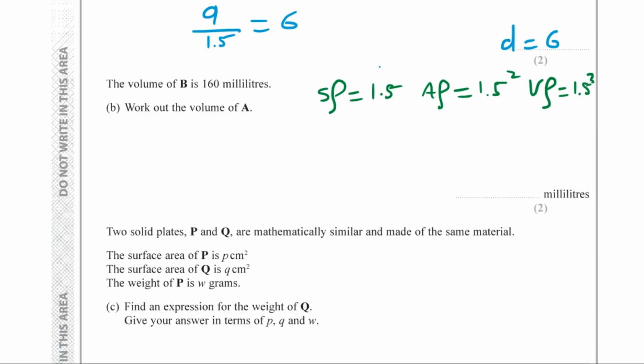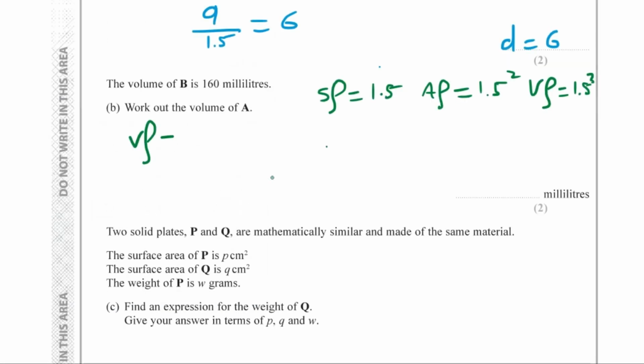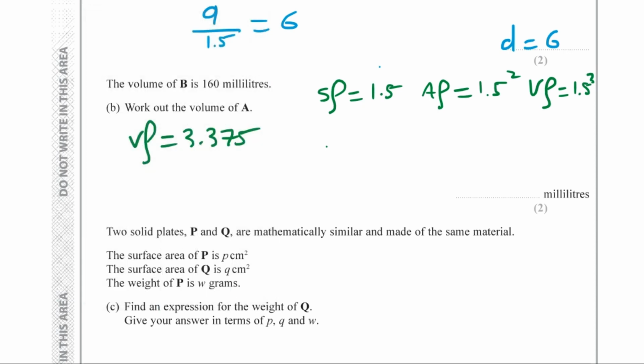And here we will need the volume factor because we have the volume of B and we're looking for the volume of A. And 1.5 cubed, the volume factor, is 3.375, which means the volume of A is 3.375 times more than the volume of B. And 160 times 3.375 is 540 milliliters, and that'll be the answer to this section. So we can say VA is 160 times 3.375, which is equal to 540 milliliters.